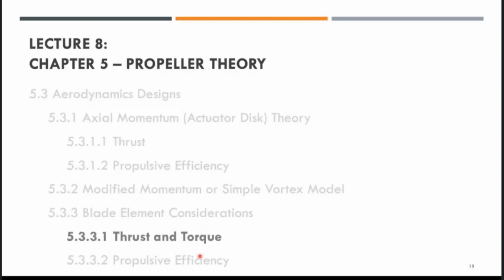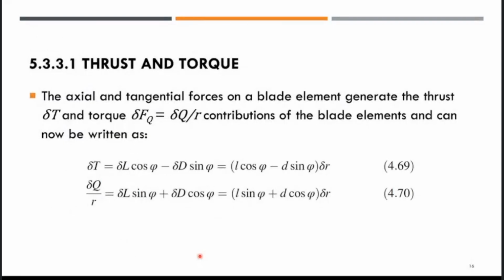Okay, let us look into more detail how to calculate the thrust and torque using the blade element consideration. We move into 5.3.3.1 with regard to the thrust and the torque. We are still referring to figure 4.37. Later on, we are going to show the figure again.